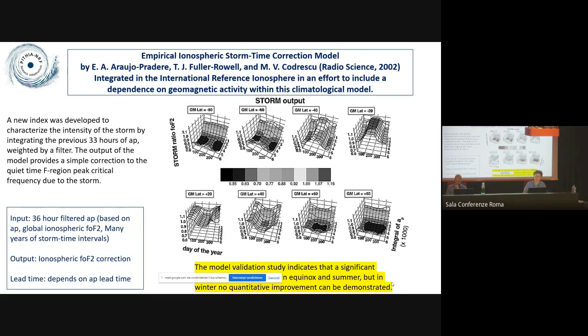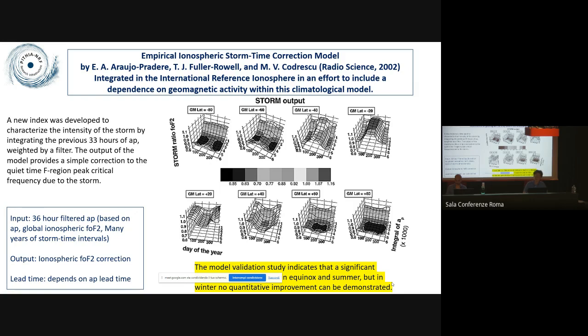The storm ratio of foF2 is provided as a function of geomagnetic latitude, and you see here the results. So the output is the correction in the foF2, which is considered by IRI.